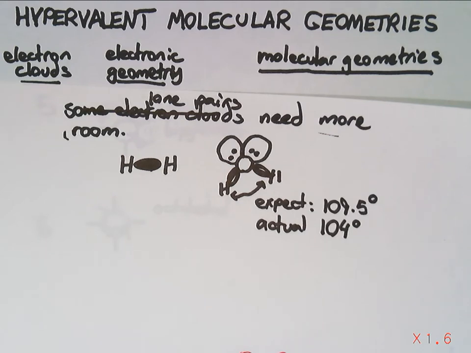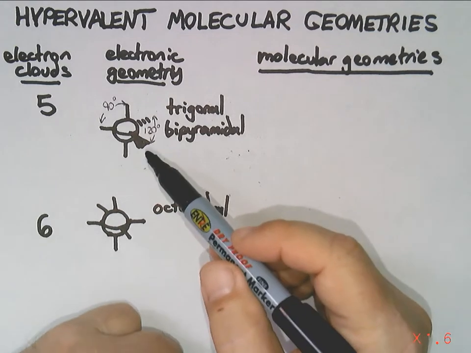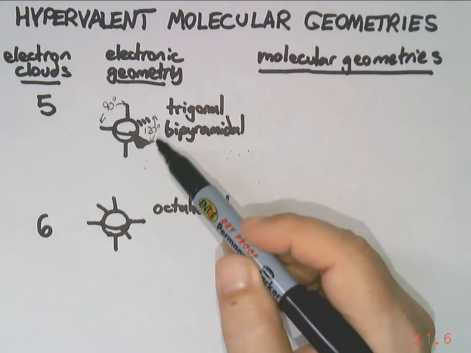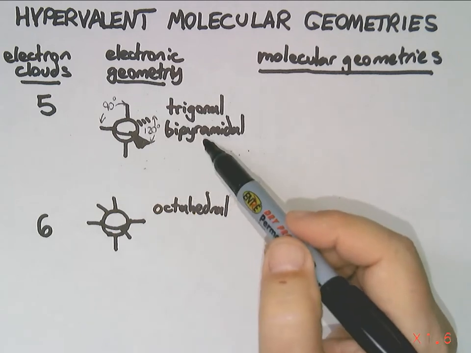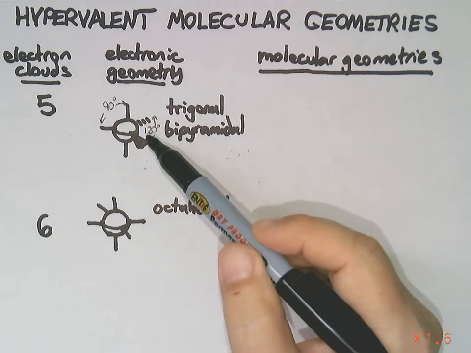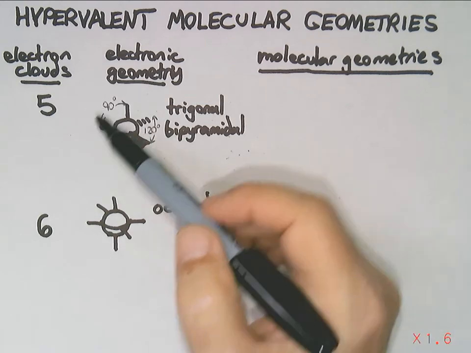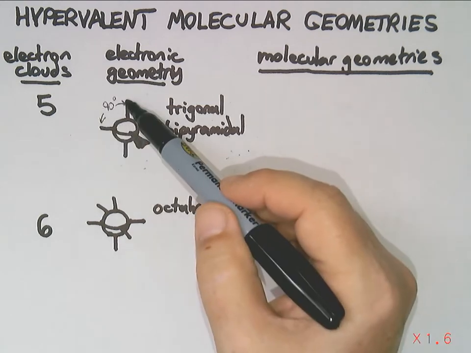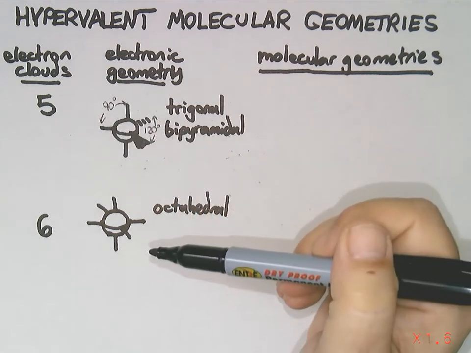All right, with that in mind, let's ask ourselves, what is the roomiest position on a trigonal bipyramidal geometry? Unlike all the other geometries, this has two kinds of positions, the axial and the equatorial, and they're different. Well, if you look at the axial position, it's 90 degrees away from 3 atoms.